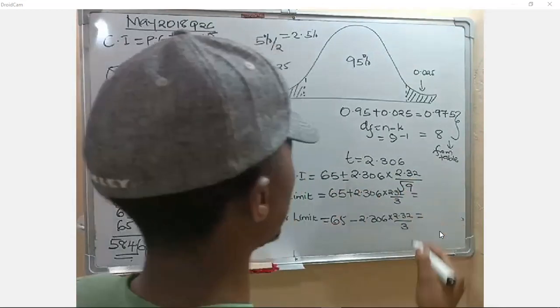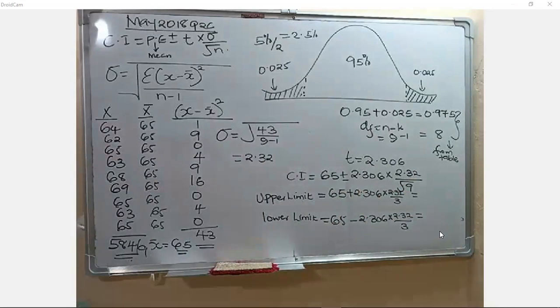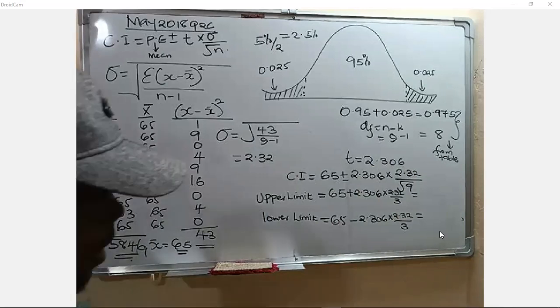Let us get answers for both. Starting with the first one, 2.32 divided by 3, times 2.306, plus 65. We are getting 66.78 here.